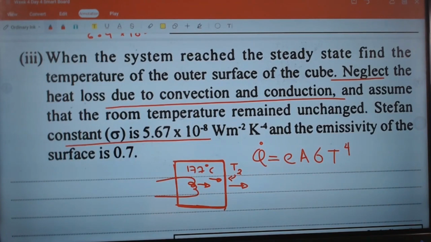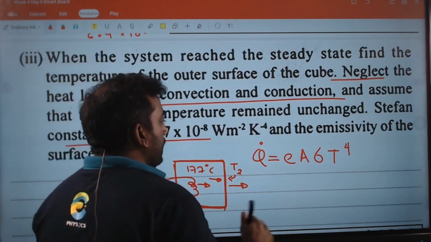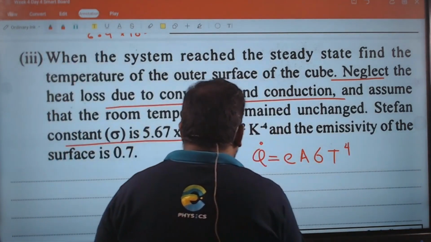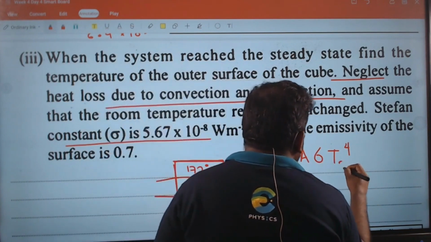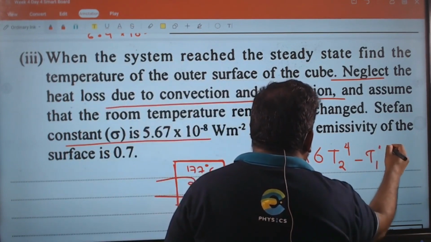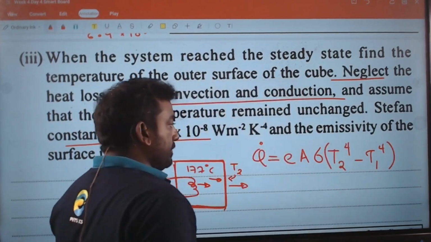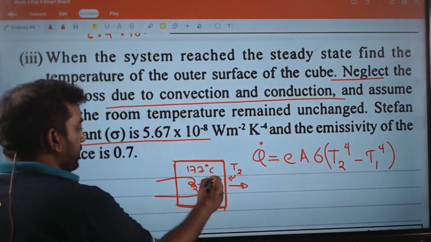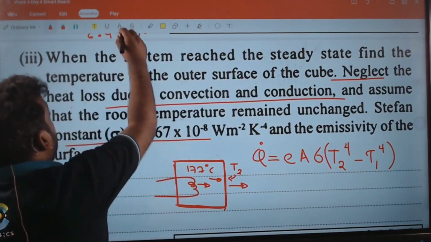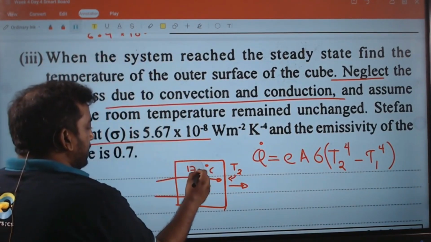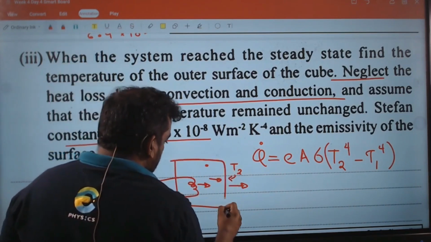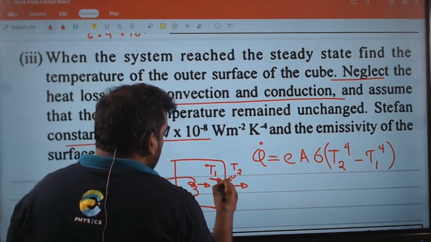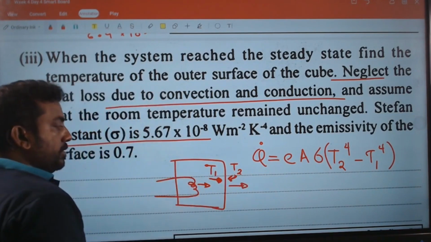From this you can build a very simple equation, with T2 to the power 4 and T1 to the power 4 for the net heat. Temperature inside T1, temperature outside T2.